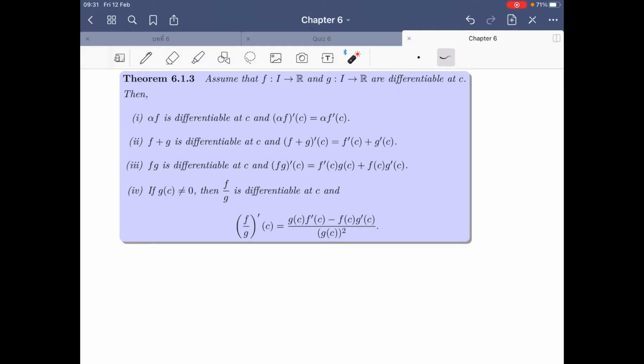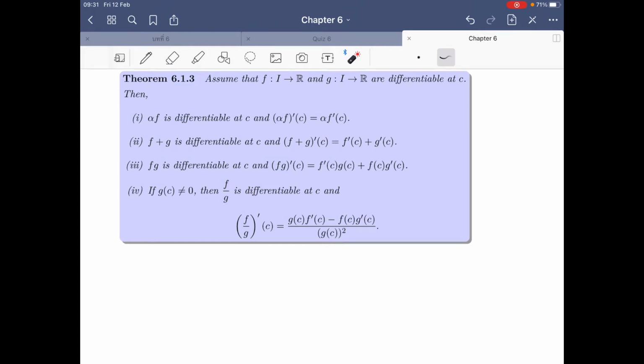If you have two functions added together and find a derivative, it is the same as finding the derivative of the first one at that point, the derivative of the second one at that point, and then adding them up. To have the product, if you have f times g and then the derivative, you find the derivative of the first multiplied by the second plus the first multiplied by the derivative of the second. This is the product rule that you have learned.